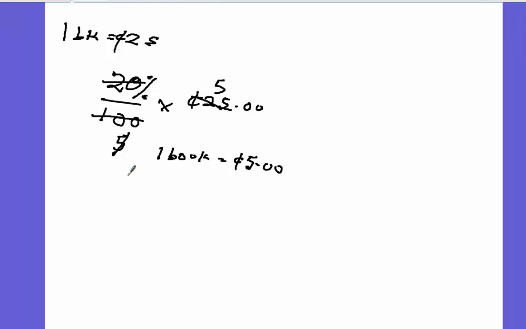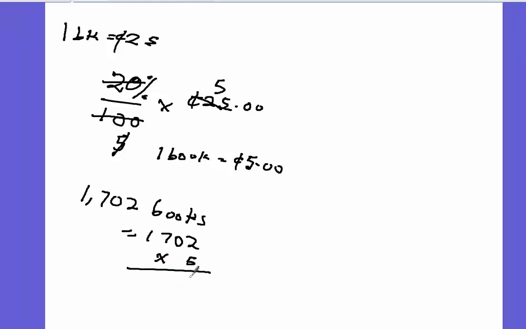And therefore, if the author had 1,702 copies of the books sold, how much is the author taking away? That is going to be equal to 1,702 times 5.